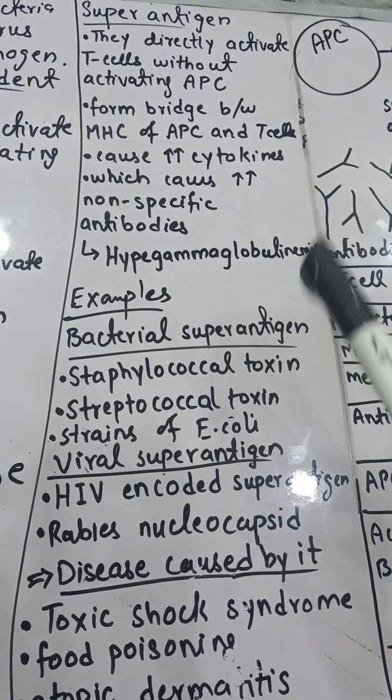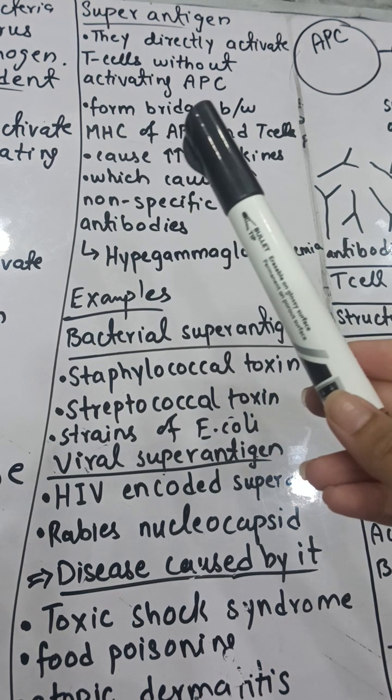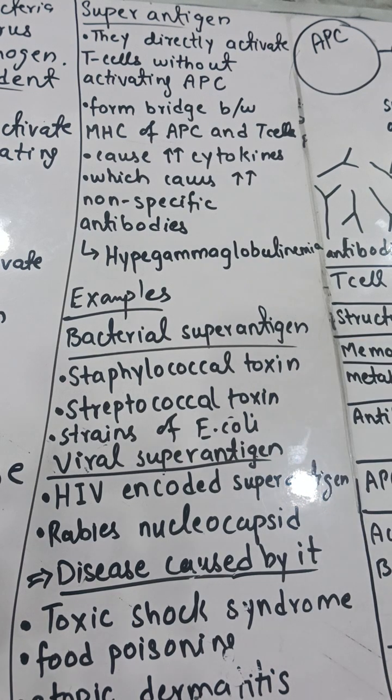So what are super antigens? They directly activate T cells without activating the APC. APC is what? Antigen presenting cells. So what is the difference? We have seen that in the case of T dependent antigen, first the antigen binds to the antigen presenting cell, then it produces the MHC, and after the MHC, the T cell is activated, then the B cell is activated, and then the antibodies are produced.